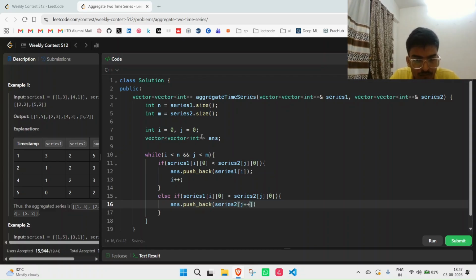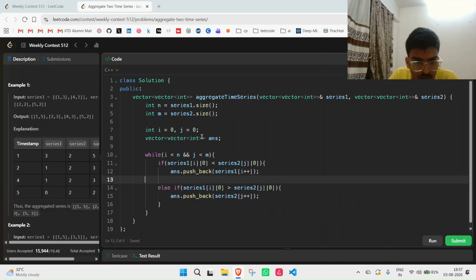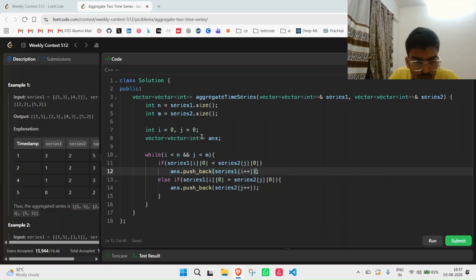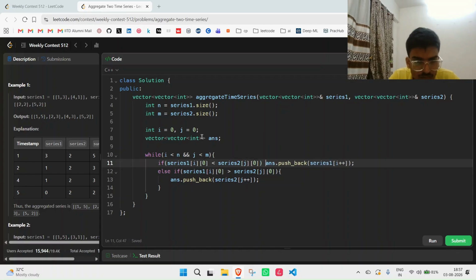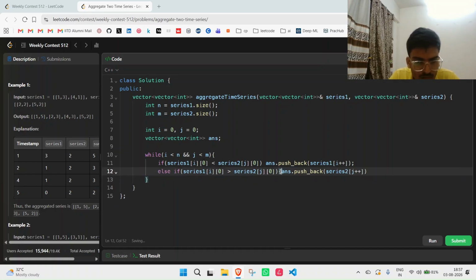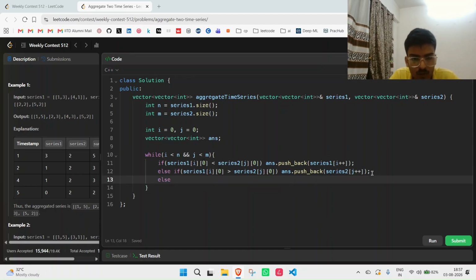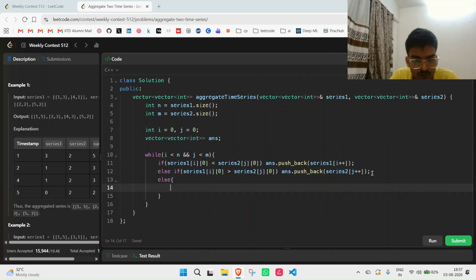And now else, if both are equal, then we have to push both and increment both i and j.